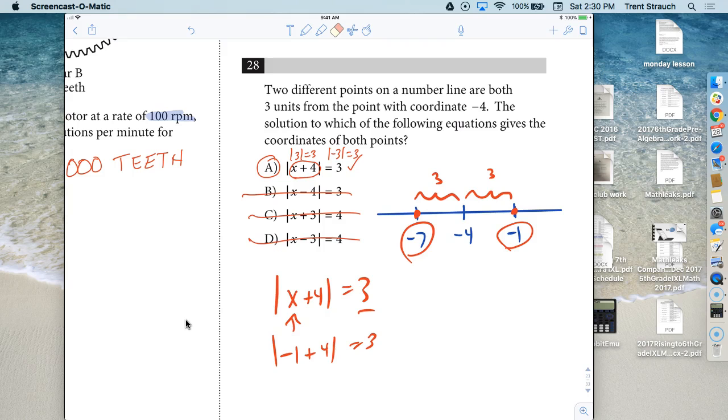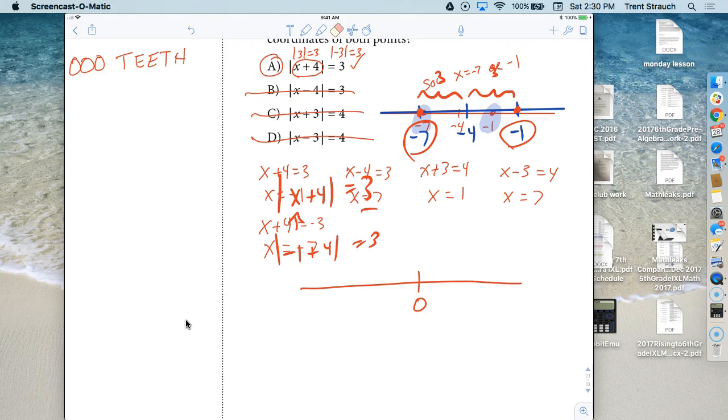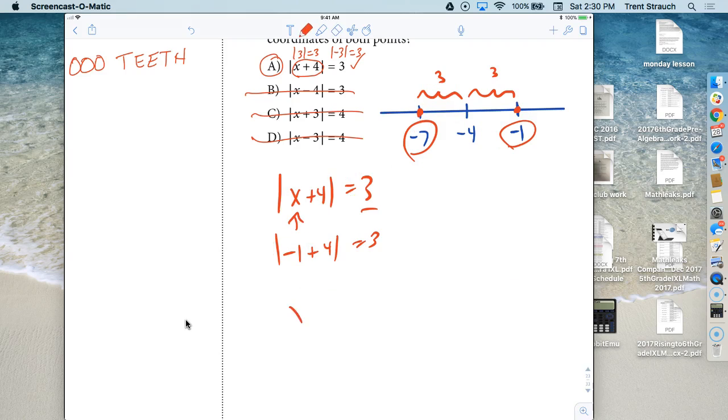So I'm going to put again the absolute value of x plus 4 equals 3. Now here's how to solve an absolute value. You always write the solution without the absolute value first. So we say x plus 4 equals 3.